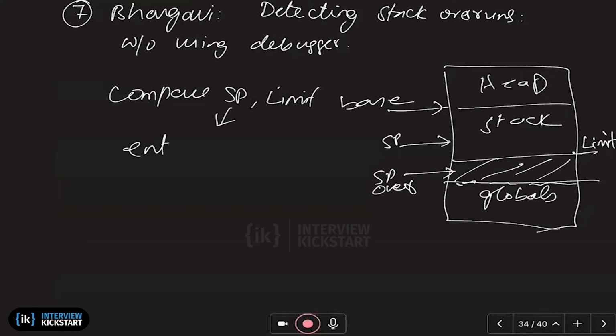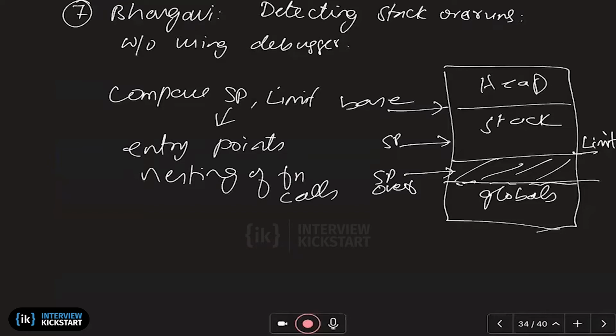You can do it at function entry points, where you think there is a lot of nesting of function calls happening. You can also do that programmatically. So how do you get the stack pointer in C code?